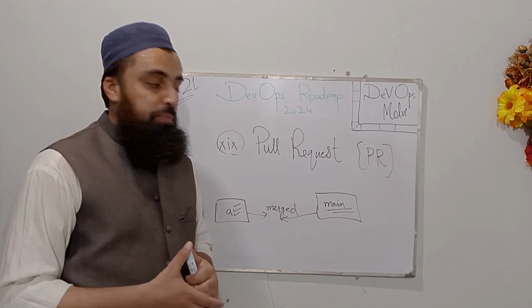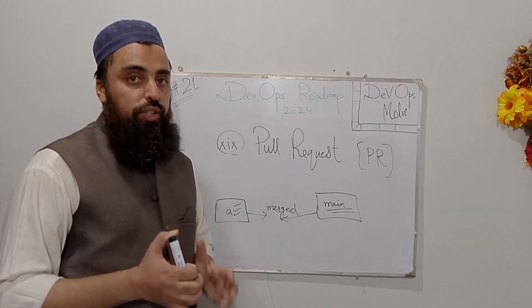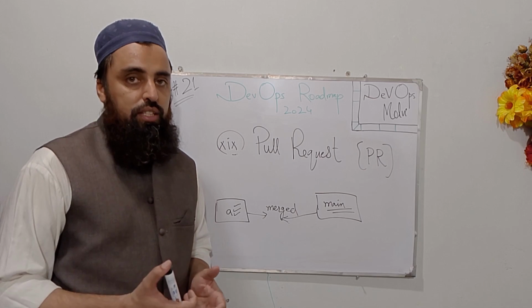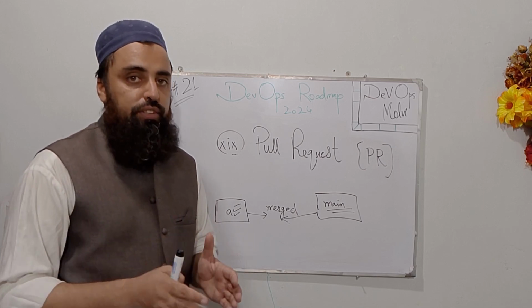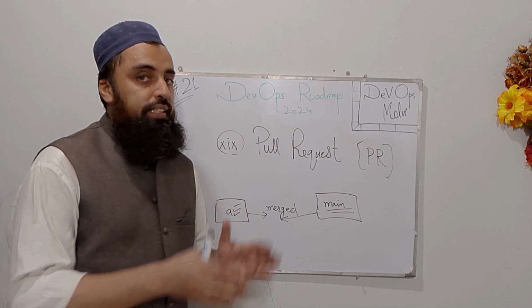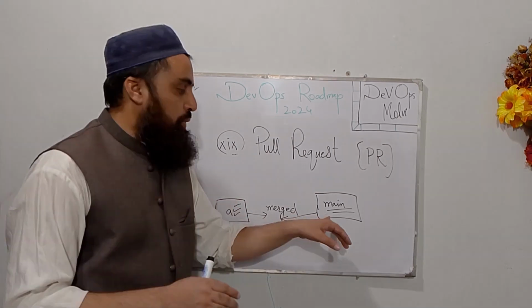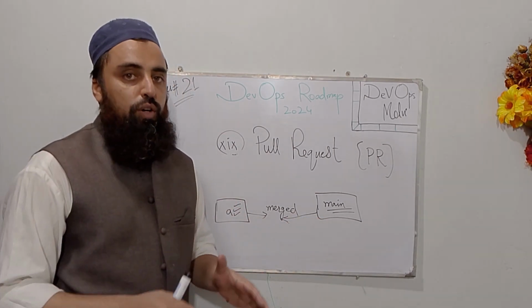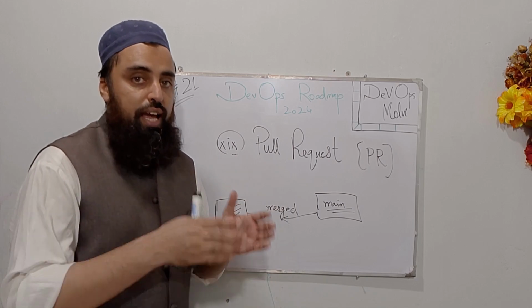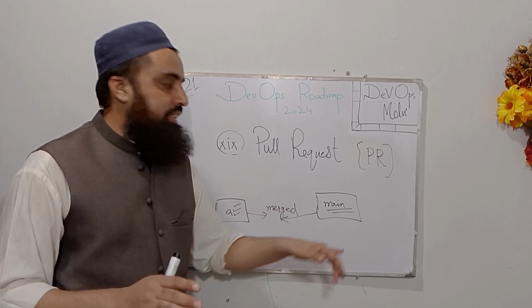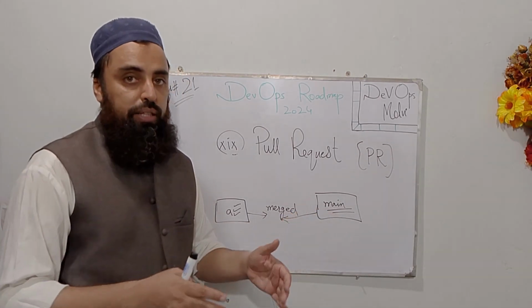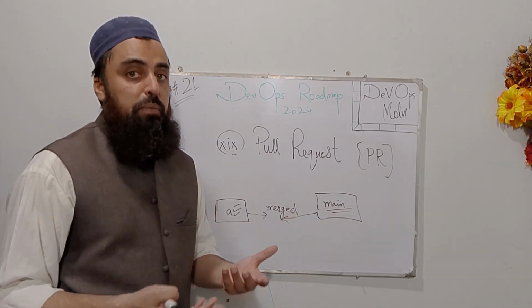So guys, let me repeat it. Whenever we are going to test some functionality or whenever a new feature is going to be introduced, that feature is developed in a separate branch. Master or main branch are never touched because these are the primary branches which have the final code, and everyone does not have access to the main or master branch except the development manager.